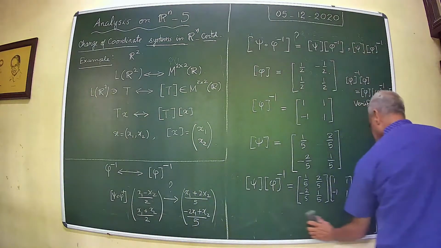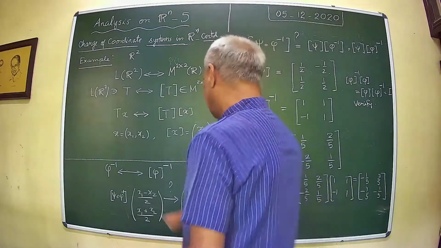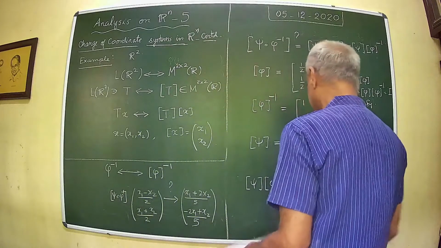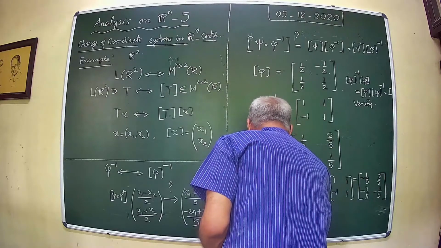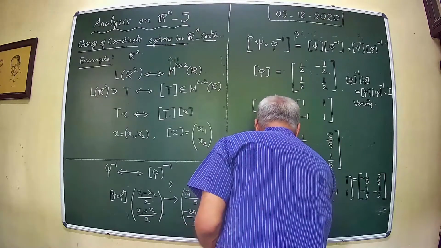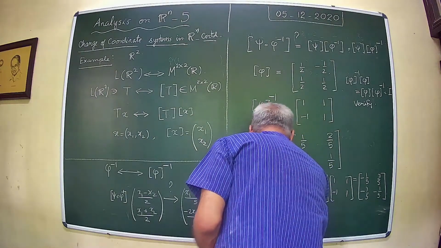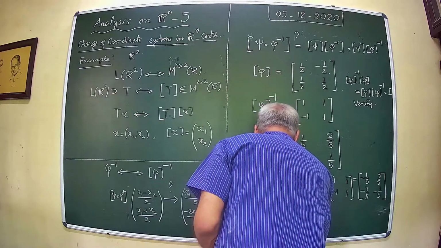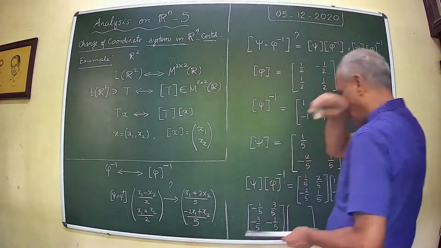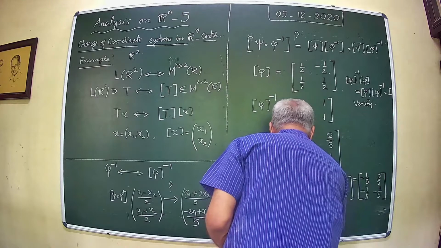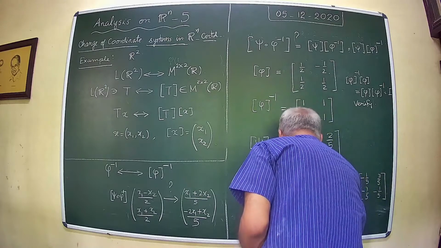Okay. Now the next verification that you need is whether this is sent by psi inverse to this. So check this is true. So compute this. Minus 1 by 5, 3 by 5, minus 3 by 5, minus 1 by 5, applied to x1 minus x2 by 2, x1 plus x2 by 2.